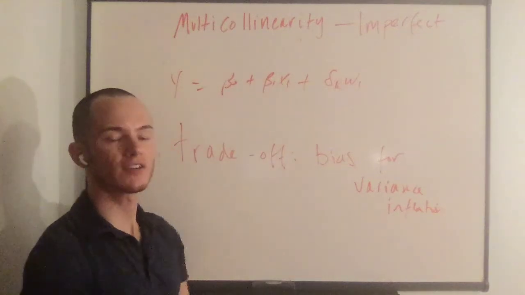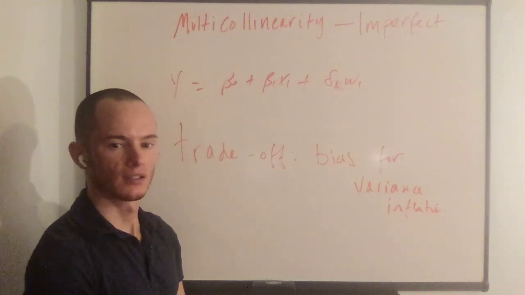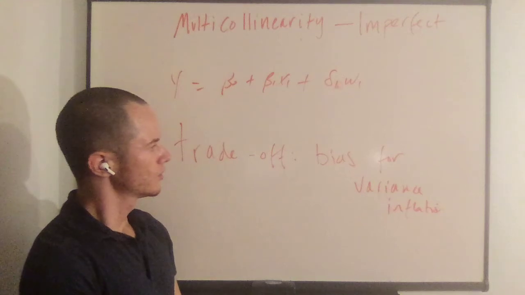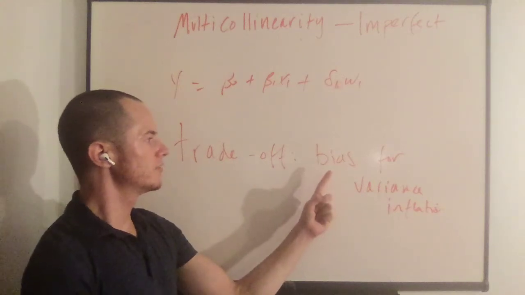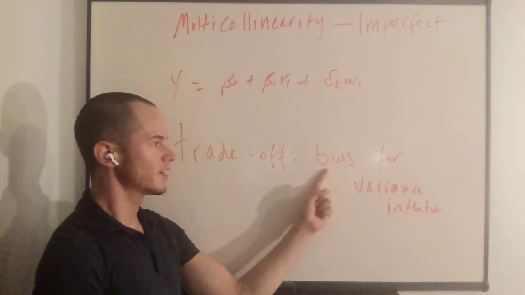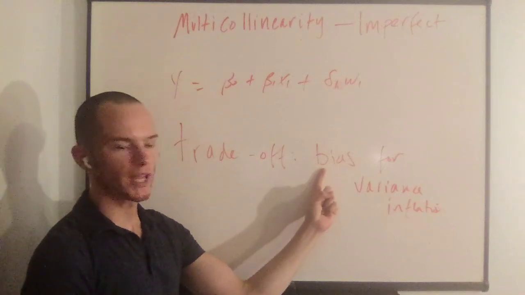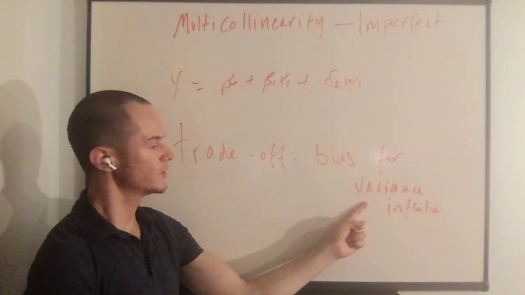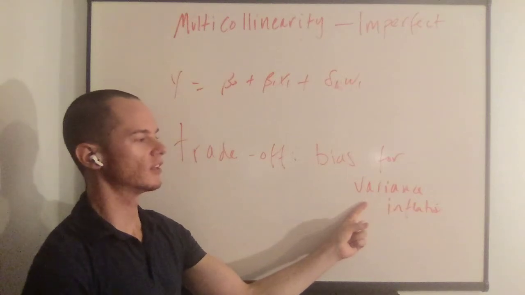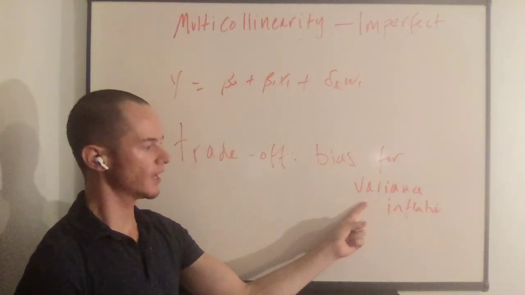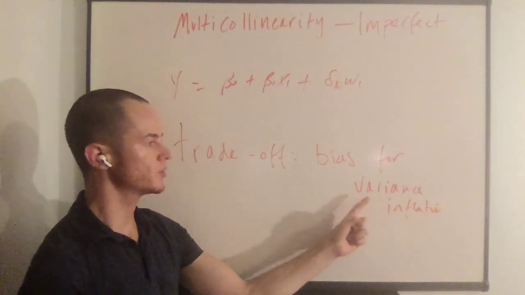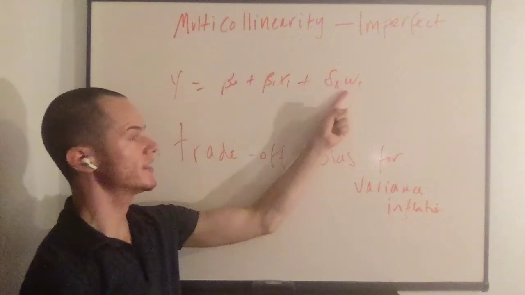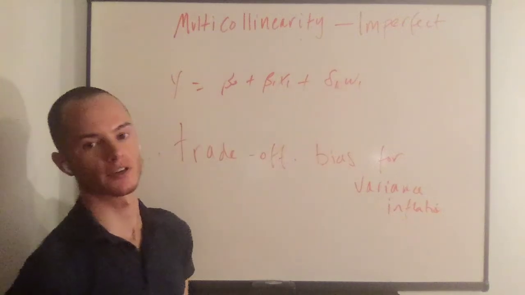But the bias is never going to go away, no matter how large your sample. So being dinged for bias is much more painful than being dinged for variance inflation. And so typically it may be advisable to assume the variance inflation rather than the bias and bring in the variable that's correlated with your variable of interest.